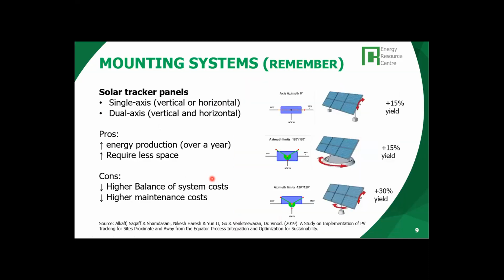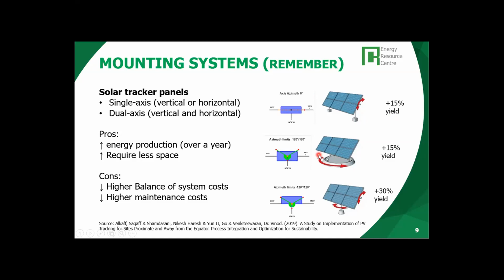So let's remember, with the tracking systems, we can get about 15% more electricity production with one axis tracking, whether it is horizontal axis or vertical axis. Horizontal axis will help us to track the sun altitude, that is the modification of the slope, inclination of the panels, and the vertical axis will help us to track the solar path with the azimuth, the orientation from the east to the west.